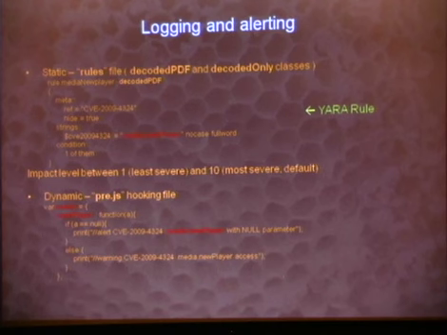At the top of this Yara rule in bold, you'll see decoded PDF, and there's another keyword called decoded only. This is the rule language, which basically does what it says and allows you to put filters on the rule to say that this only applies to decoded content and not to regular HTML.